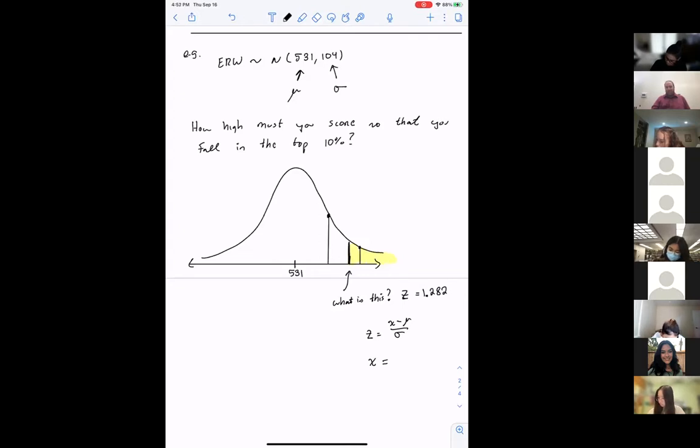Purely algebraically, we're not plugging in numbers yet. If I were to rearrange this to solve for x, what would the formula give me? X equals what?